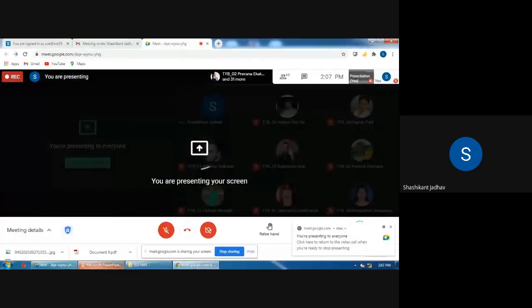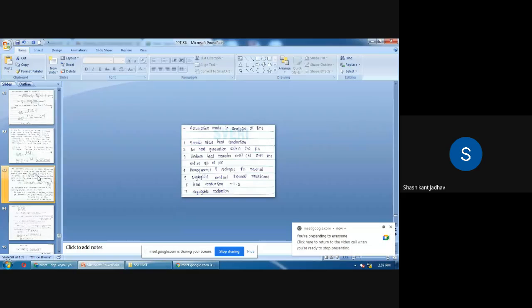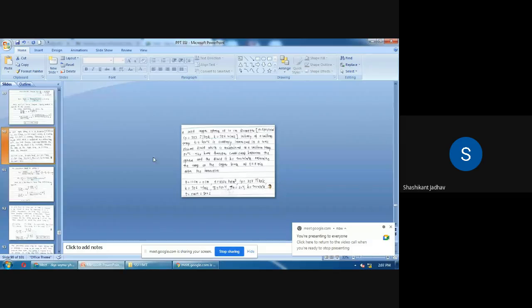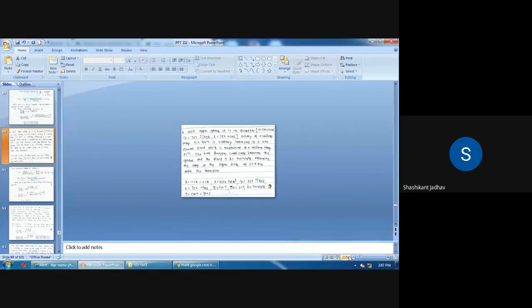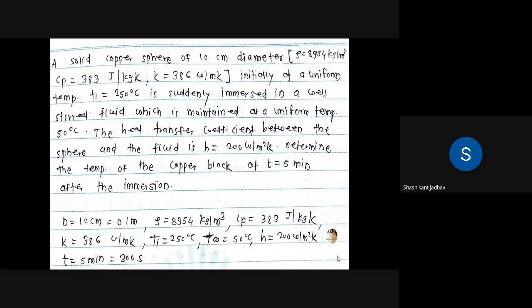All of you write down the second problem. A solid copper sphere of 10 centimeter diameter, in bracket, rho is equal to 8954 kg per meter cube.